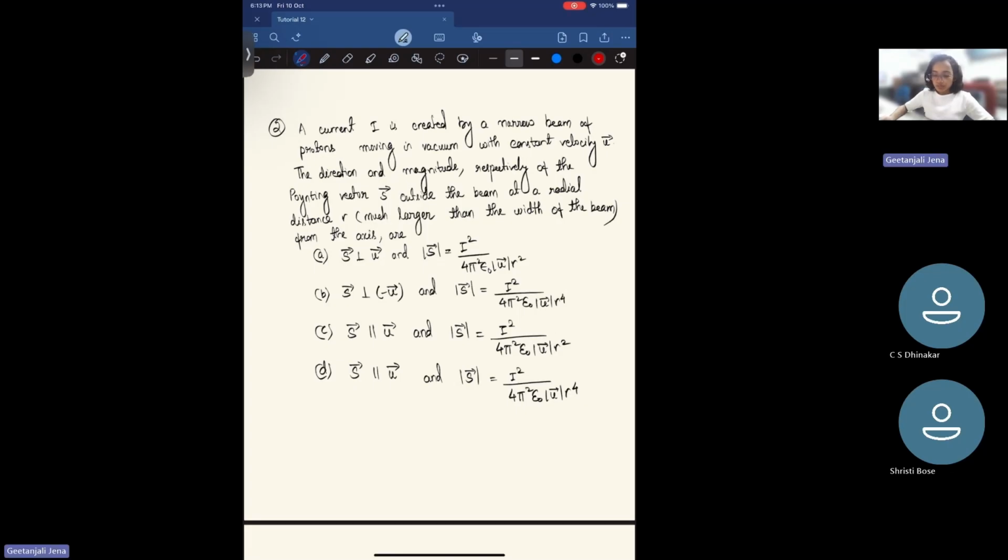Even though it's not an electrostatic case, where we consider that the source charge should be at rest, for the Poynting vector we need the electric field and the magnetic field. The magnetic field is easy to find because it's a long current carrying wire, so it is mu naught I by 2 pi r.